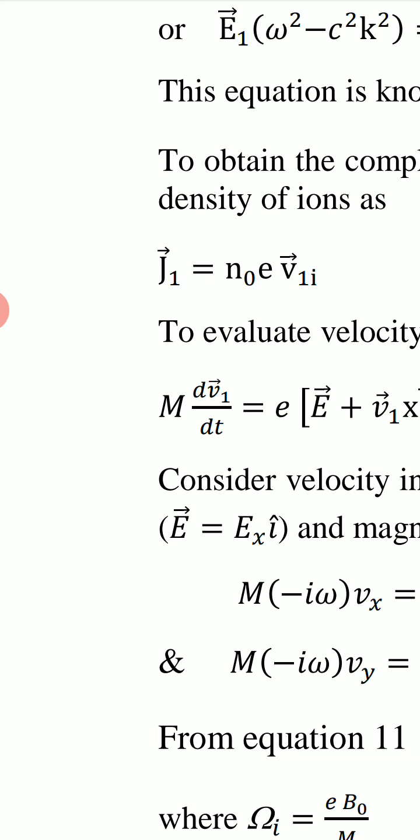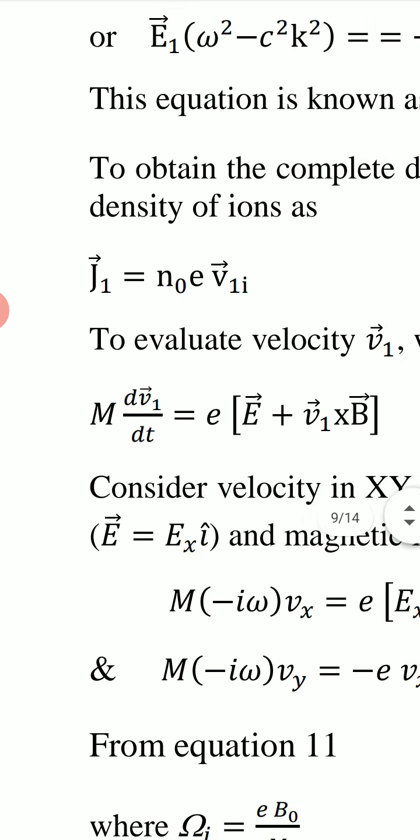In place of N we write N0, the equilibrium density of ions. It has a positive sign because ions are positively charged particles having charge plus e. For electrons we have to write minus NeV because electrons have charge minus e. So this is the current density for ions.